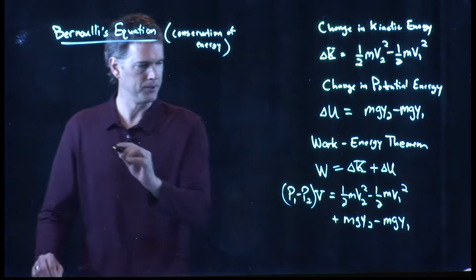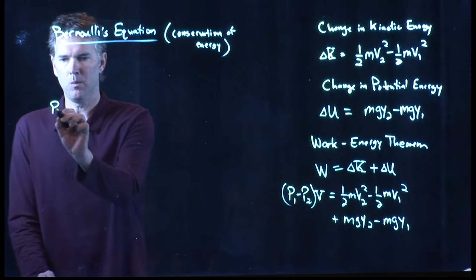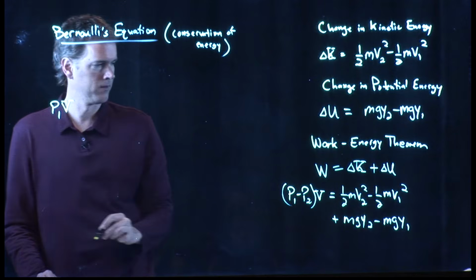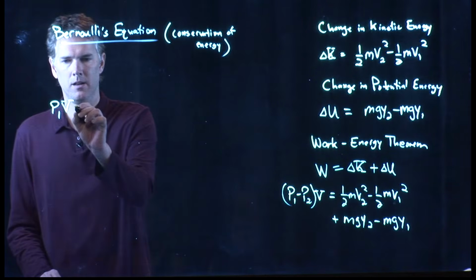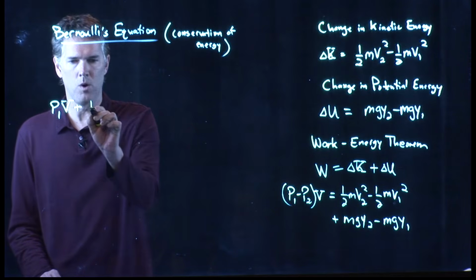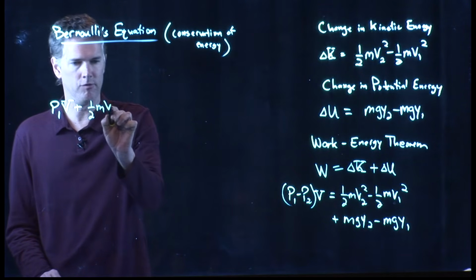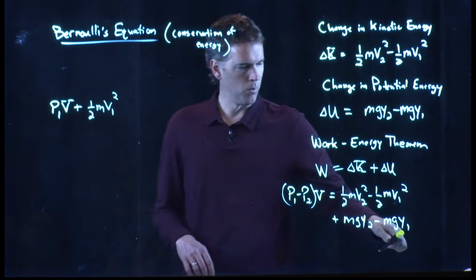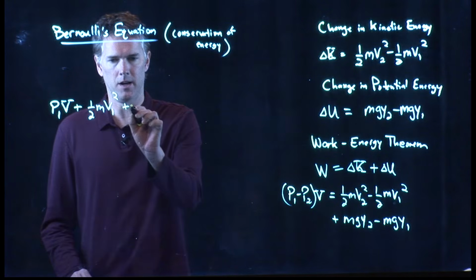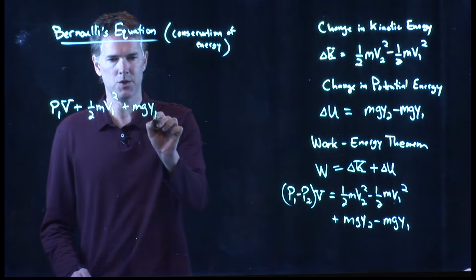All right, let's separate the terms. We've got P1 times V. I'm going to move this V1 term over to the other side. So we have 1/2 m V1 squared. And now I'm going to move the y1 term over to the left side. So I have mgy1.